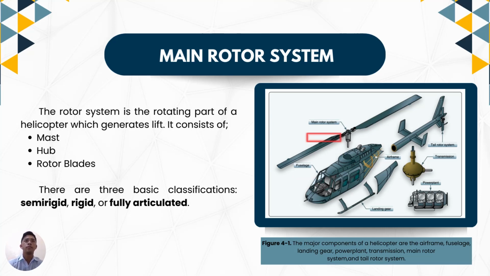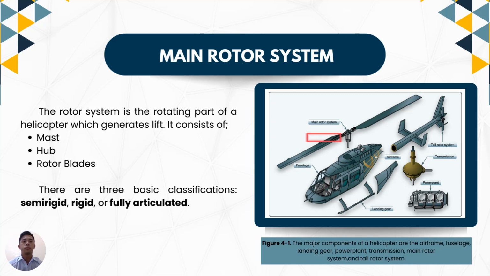So the rotor system is the rotating part of the helicopter which generates lift, and it consists of mast, hub, and rotor blades. And there are three basic classifications of main rotor system, which are semi-rigid, rigid, or fully articulated. So, the rotor system, this is seen at the topmost part, this is the blade. This is the blade of the helicopter.